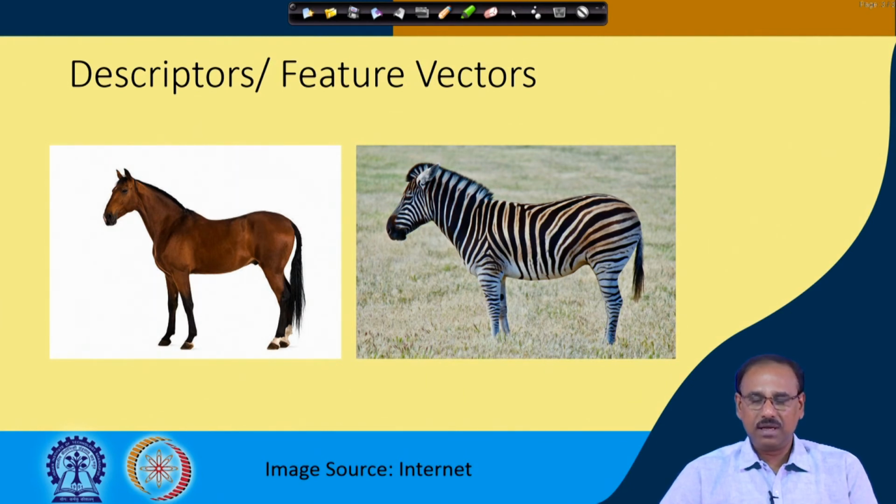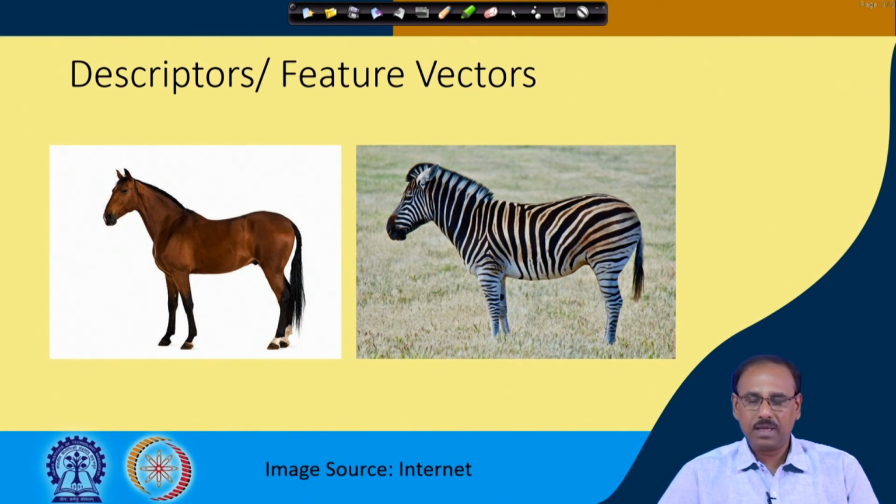Similarly, for texture, again I can have 10 elements. So, if I concatenate all of them together, I get a total of 25 elements. So, that means a bounded region is described by 25 features or by a feature vector having 25 elements.